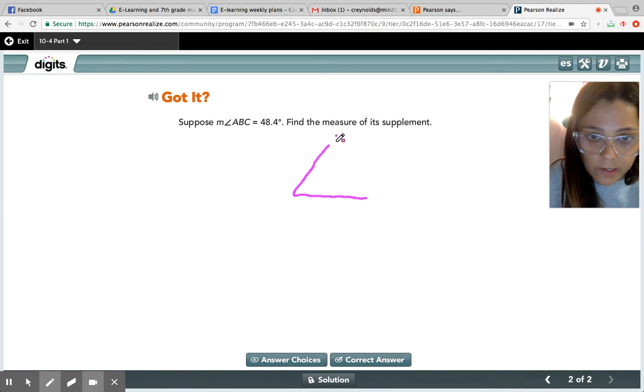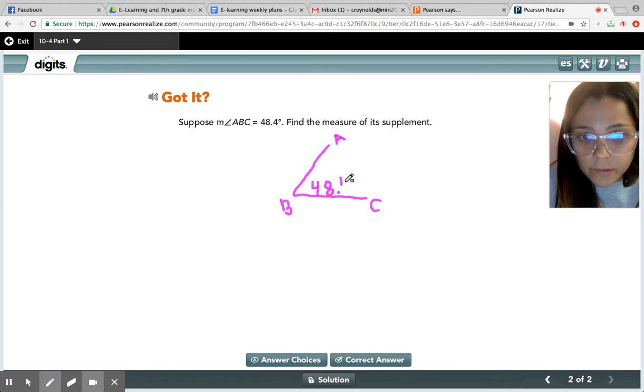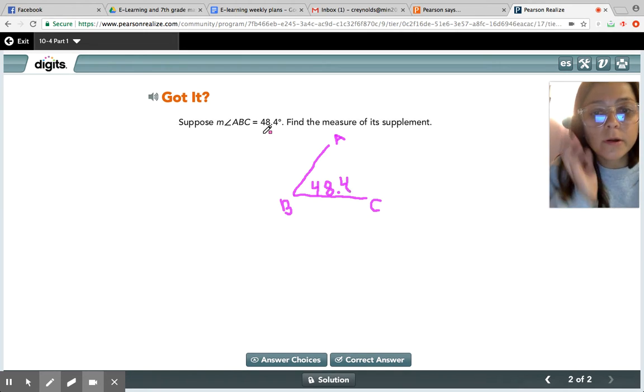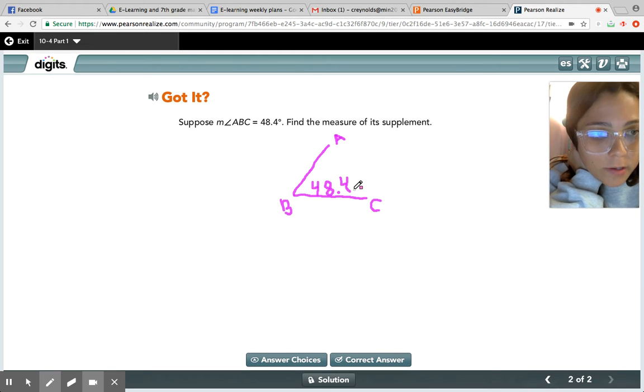So this is my angle A, B, C, and I know it's equal to 48.4. They want to know what is its supplement. So what angle added to this one is going to equal 180 degrees, because supplementary angles equal 180 degrees.